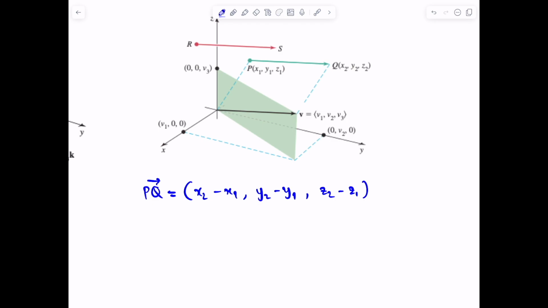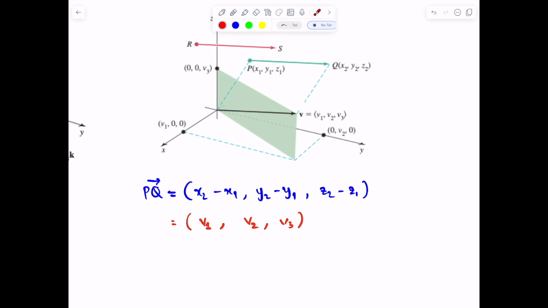What you see in the picture right here is a vector v that is parallel to the vector PQ, and this vector v has its initial point at the origin and its terminal point at (v1, v2, v3). In fact, v1, v2, and v3 correspond to x2 minus x1, y2 minus y1, and z2 minus z1.